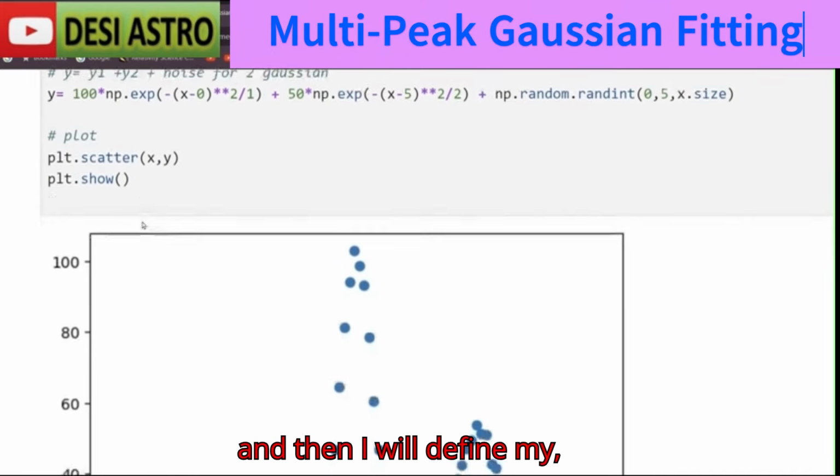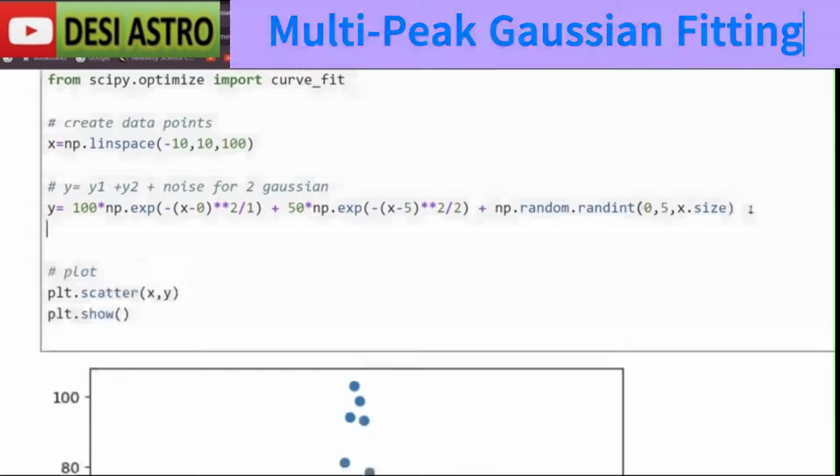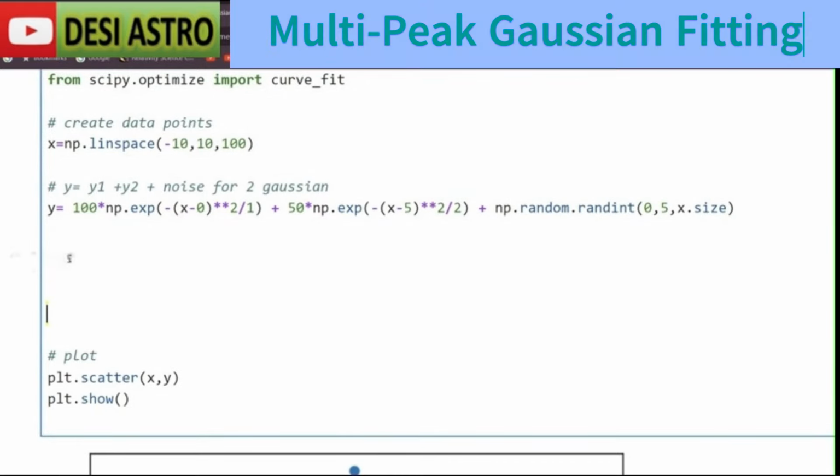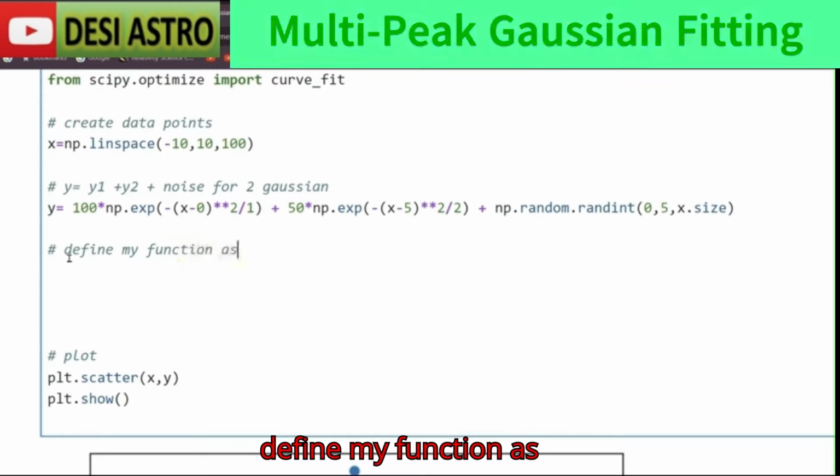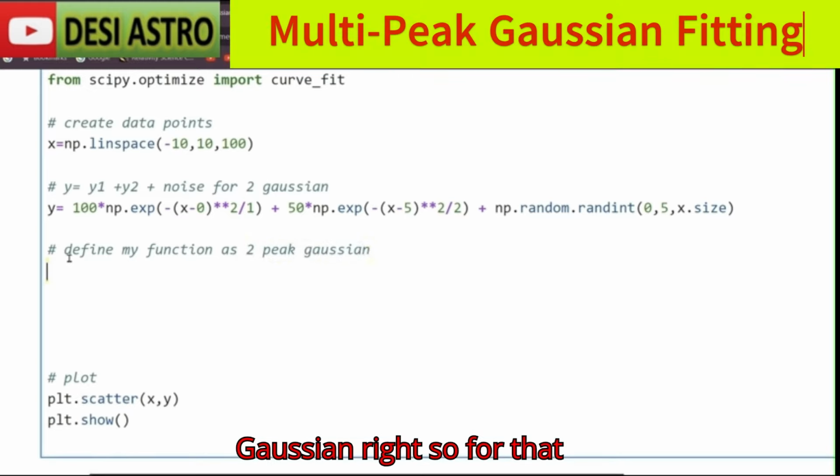And then I will define my function as a multi-peak Gaussian, right? So for that I will define here a function.